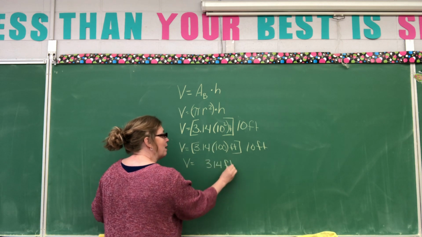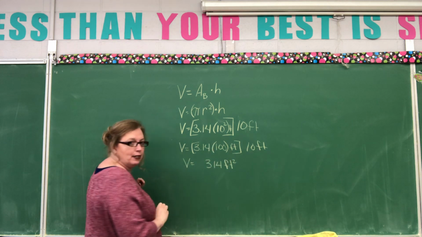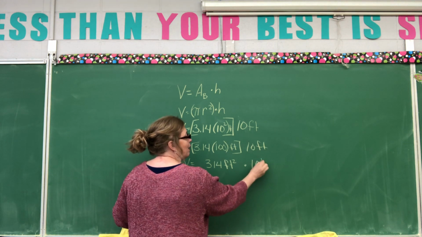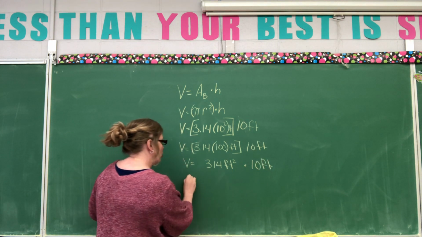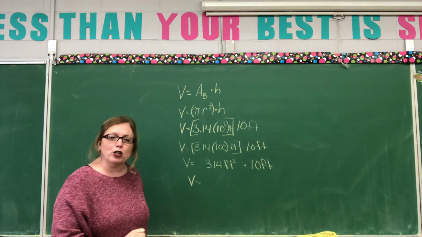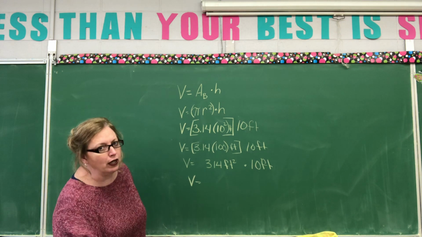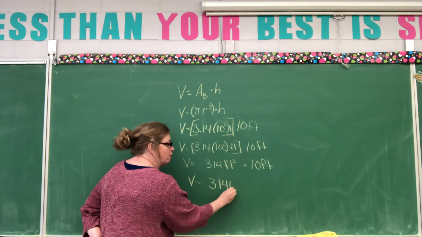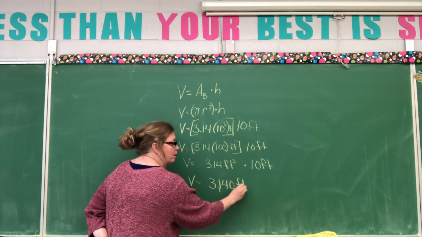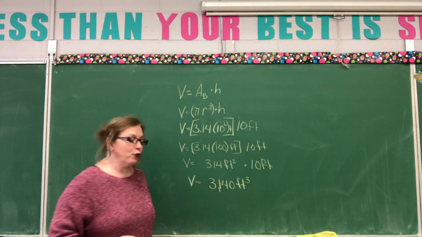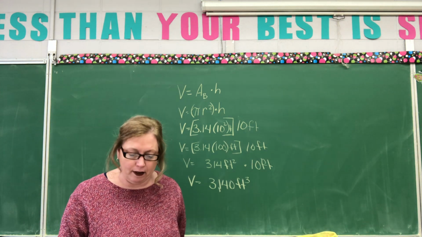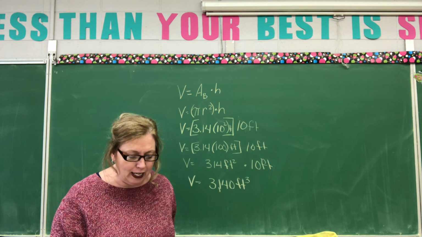So now I'm at square feet. Now I'm going to multiply this by 10 feet. When you're multiplying by a power of 10, all you're really doing is moving over your decimal point. So it's 3,140 cubic feet. That's how we find number 15.